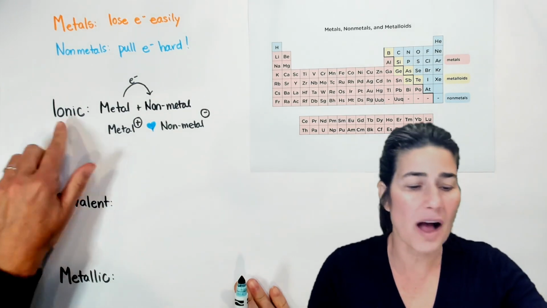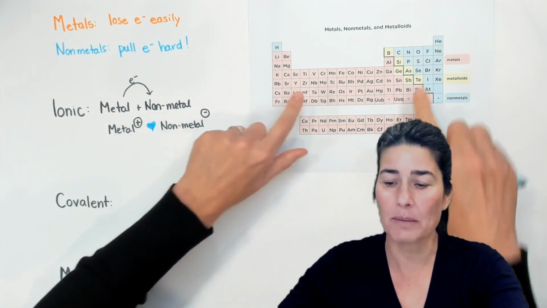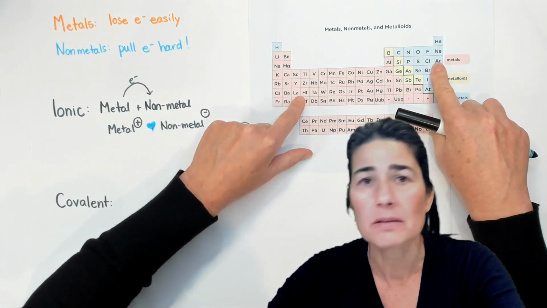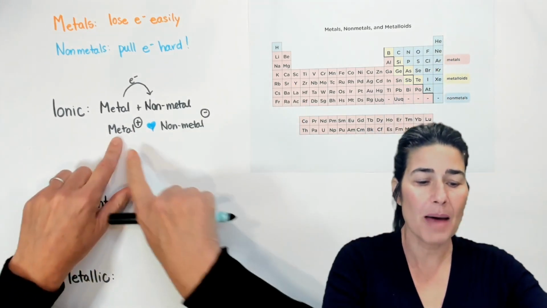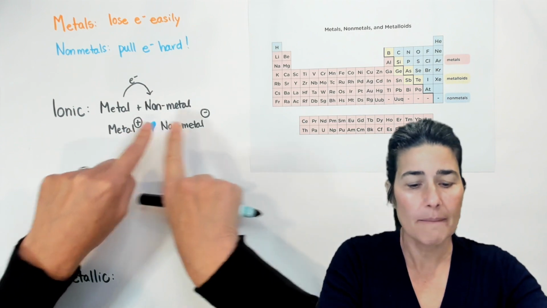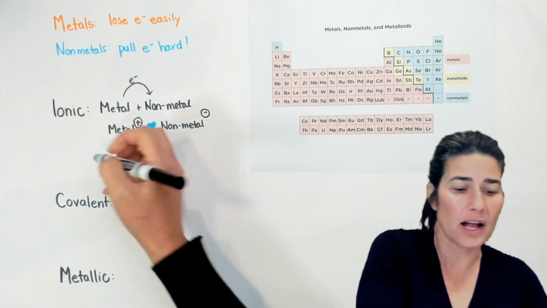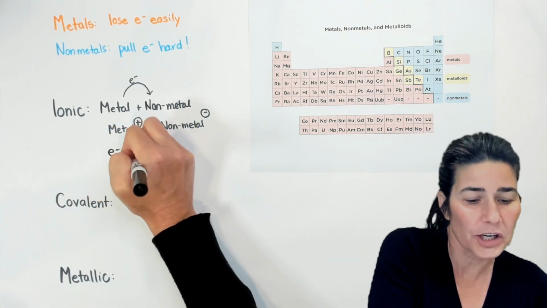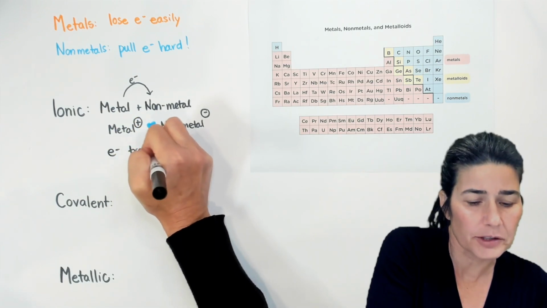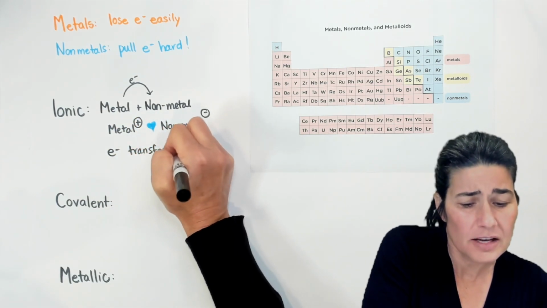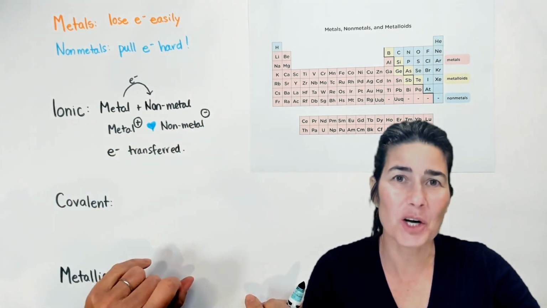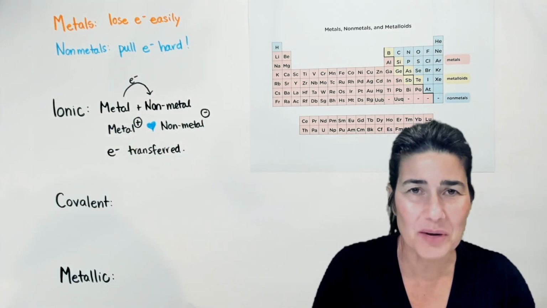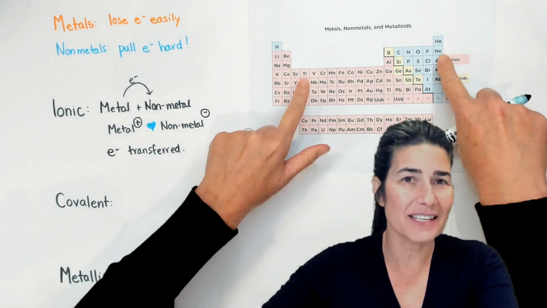So you should know ionic compounds occur between metals and nonmetals in general, things with very different electronegativities, and the metals lose the electrons, the nonmetals gain the electrons. Electrons were, in fact, transferred from the metal to the nonmetal, and then the oppositely charged particles will attract. Okay, so that's ionic, opposite sides.